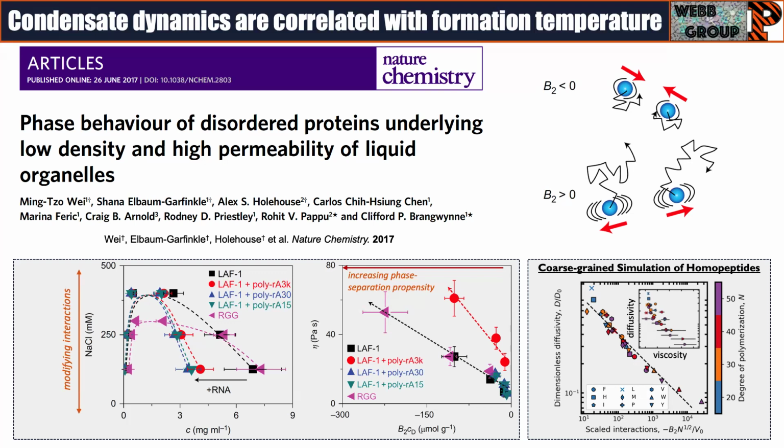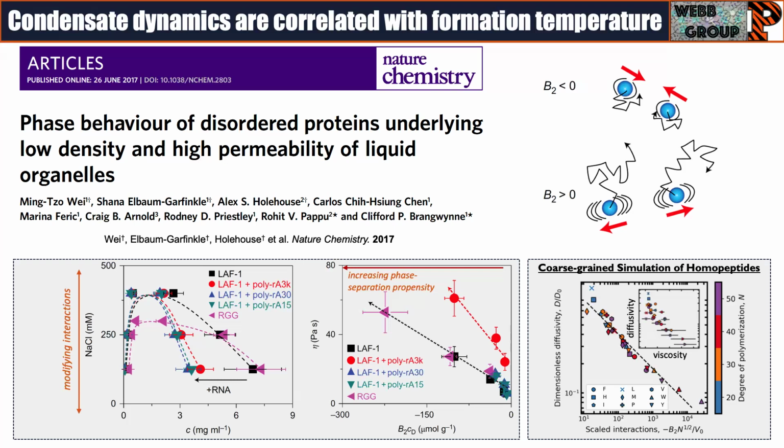And in fact, these are simulations that we've run to illustrate this principle for homopeptides. So these are homopolymers just consisting of a single type of amino acid or residue, using coarse-grained simulations, where again, we're plotting some proxy for propensity for phase separation dependent on the second virial coefficient.